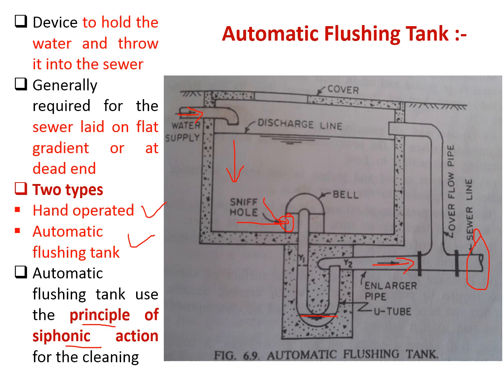Now as you are filling this automatic flushing tank, this air is replaced by water, so that will push water in this particular U-tube, and that will maintain its level at y1 y2, and due to this particular water is forced in upward direction, and that is allowed to force in this particular sewer line.